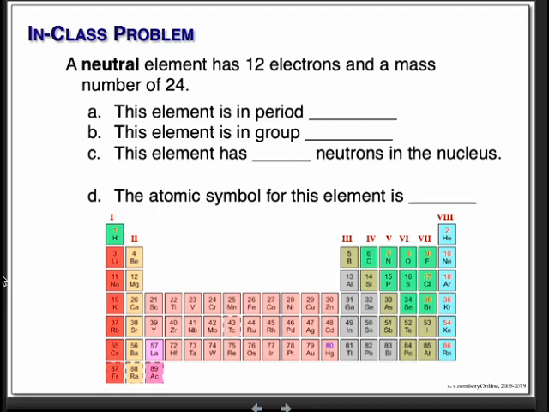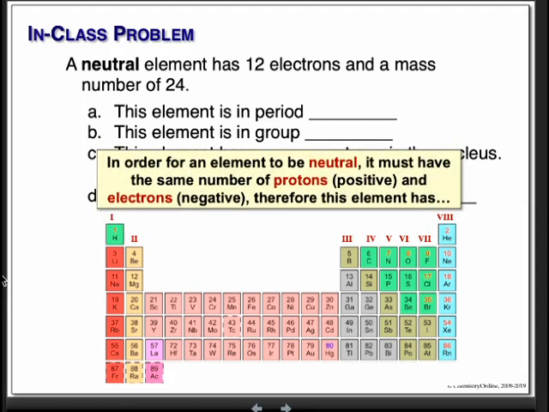If it has 12 electrons and it's neutral, how many protons must it have? Electrons are negative, protons are positive. It must have 12. In order to be neutral, it must have the same number of protons and electrons.